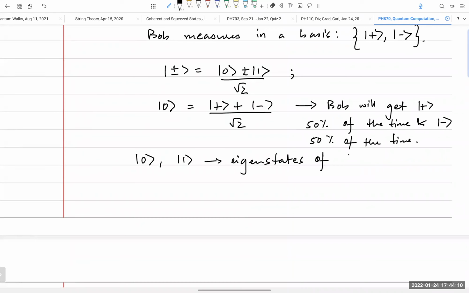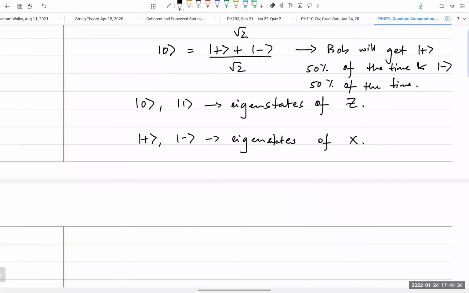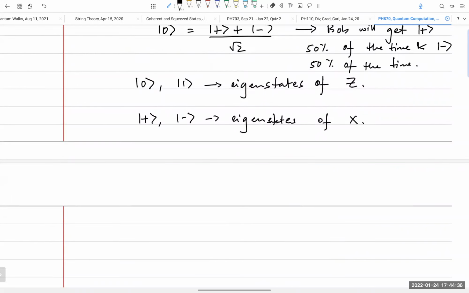So these are eigenstates of the Pauli Z operator. What about plus and minus? These are eigenstates of the bit flip operator, the NOT gate. So both of these operators are Hermitian.